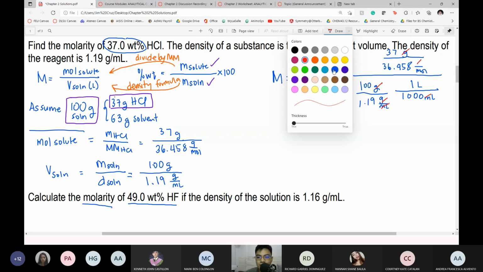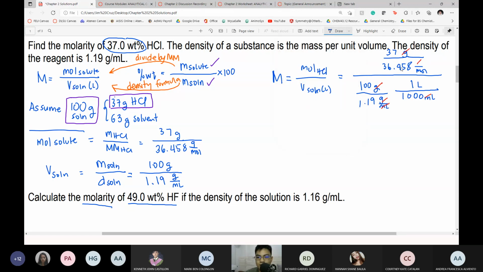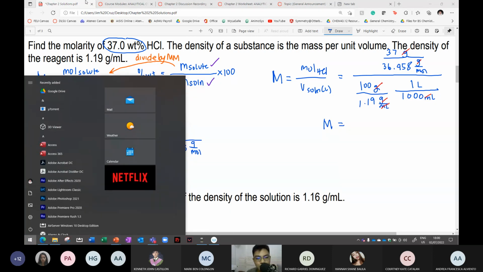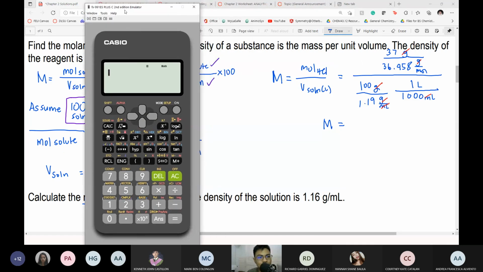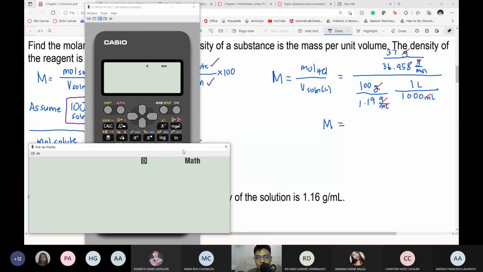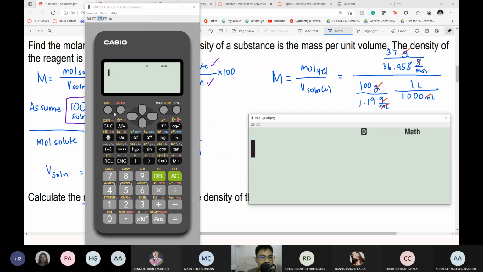So, anyone, what's the answer? Habang ako ay nag-struggle dito. Ayan. So, what is the answer for molarity? Pindutin natin sa calcu. Ayan, para mas malaki display. So, make a fraction, dalawang fraction.